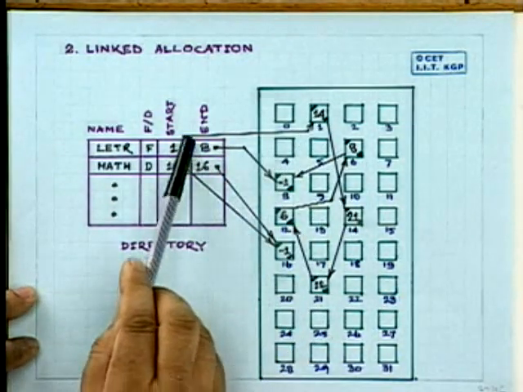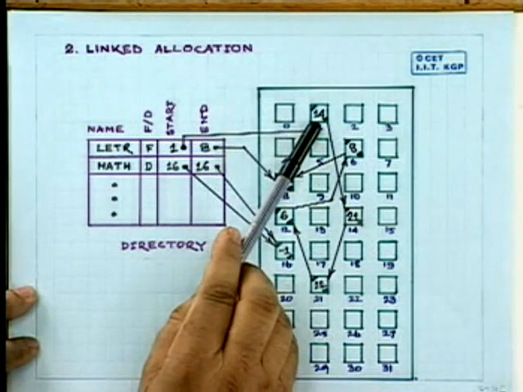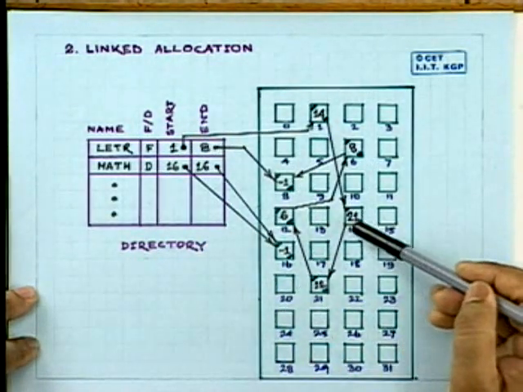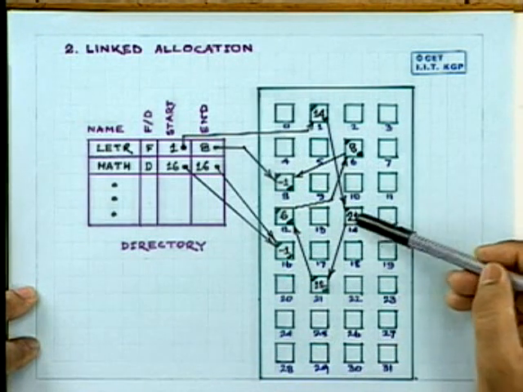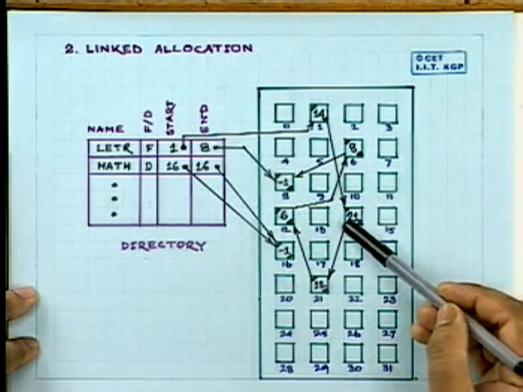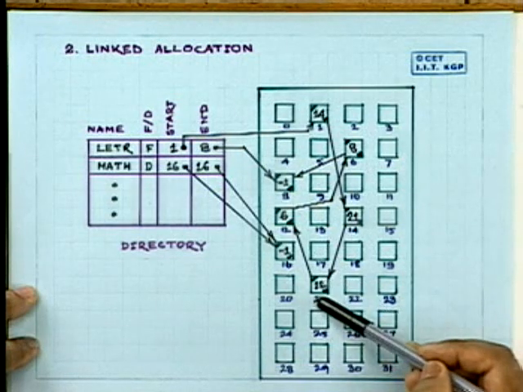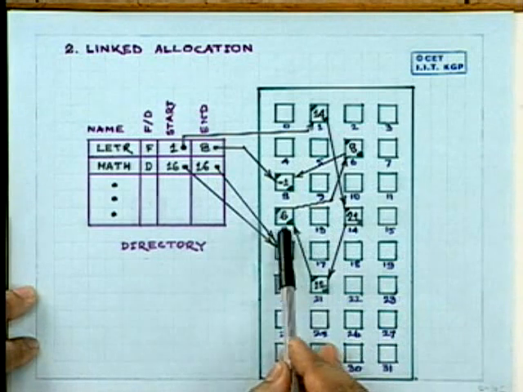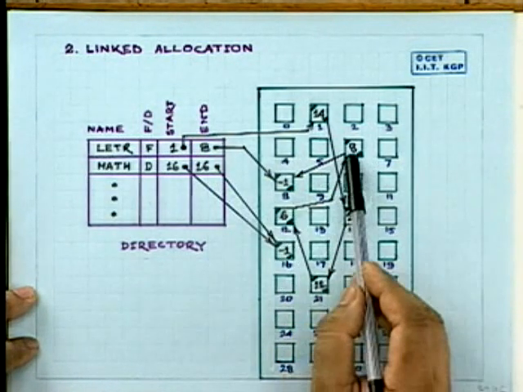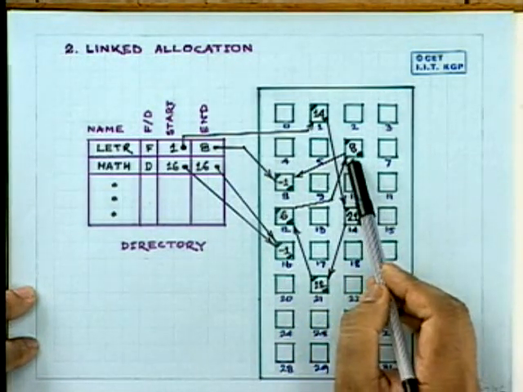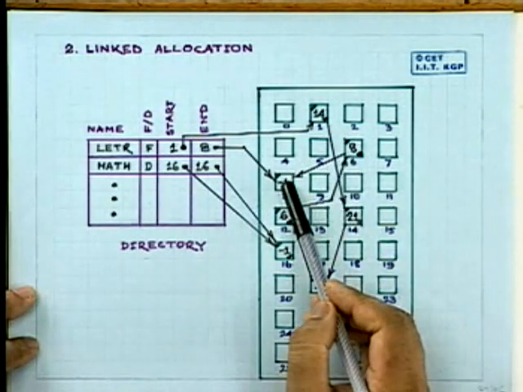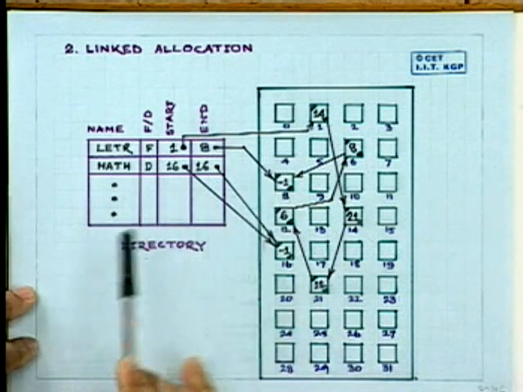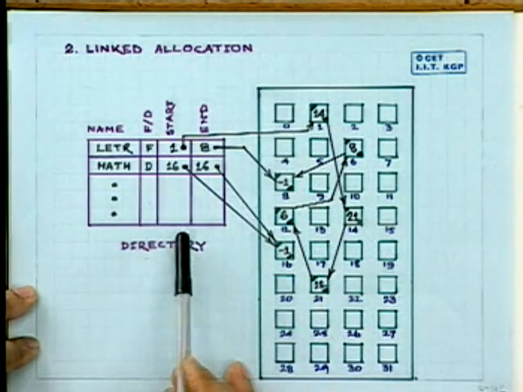We go to the first block, then take this entry, that 14th, go to the 14th block, which is linked to the 21st block. We come to the 21st block, that 21st block is linked to the 12th block, that 12th block is linked to the 6th block, and that 6th block is linked to the 8th block, and that is the end of it, and therefore the link is -1. Therefore, it's just like a linked list.